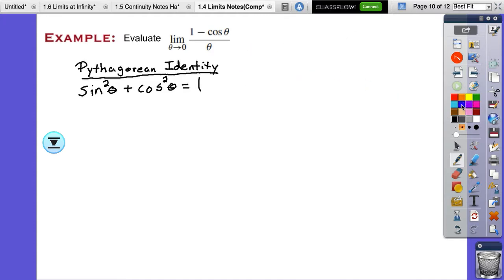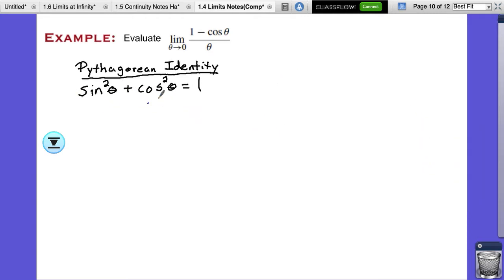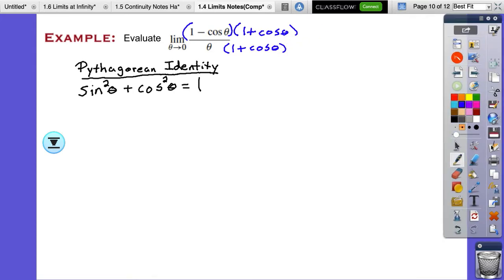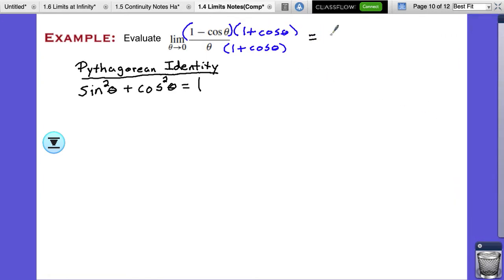All right, so we can manipulate this one by getting it to be a Pythagorean identity. If I multiply the numerator and the denominator by 1 plus cosine of theta, the numerator becomes, when you FOIL that out, 1 minus cosine squared.